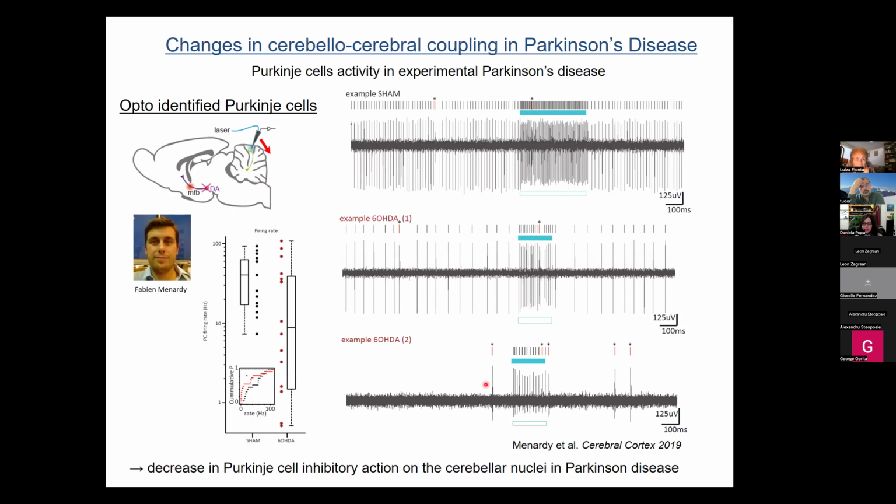In these cells, we can only see the complex spikes here, and he could record them because they were answering to the optogenetic stimulation. So we have this decrease in Purkinje cell inhibitory action on the cerebellar nuclei in Parkinson's disease.